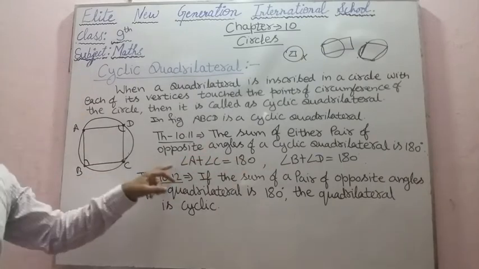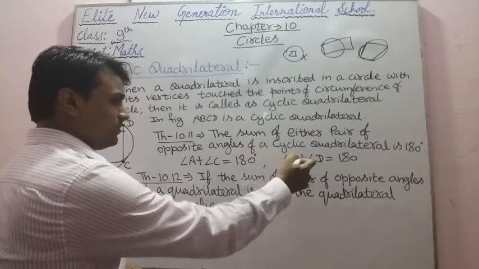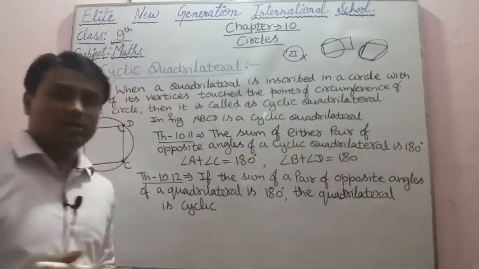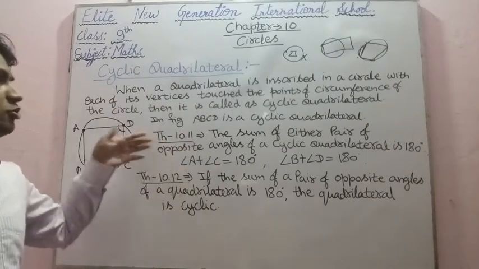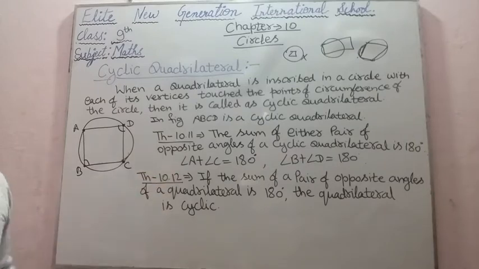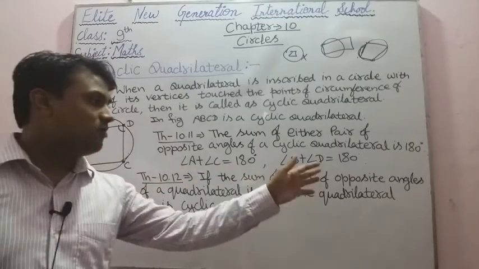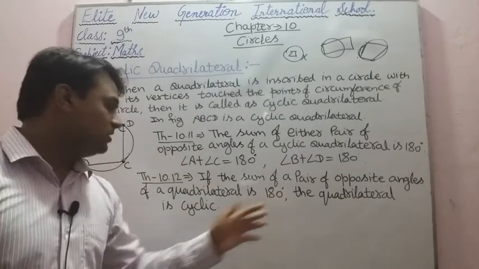So here angle A plus angle C equals 180 degrees and angle B plus angle D equals 180 degrees. The next theorem is the converse of theorem 10.11, that is 10.12. If the sum of a pair of opposite angles of a quadrilateral is 180, then the quadrilateral is cyclic.